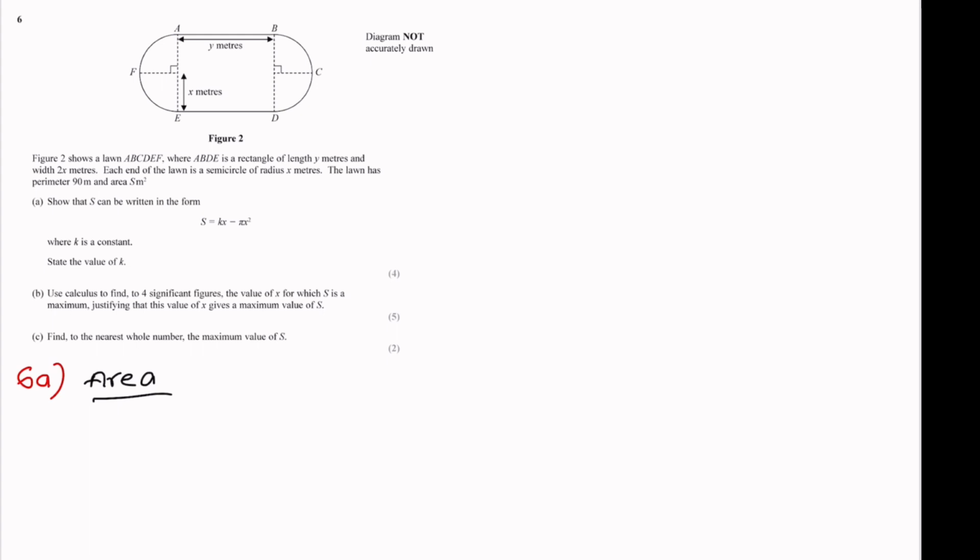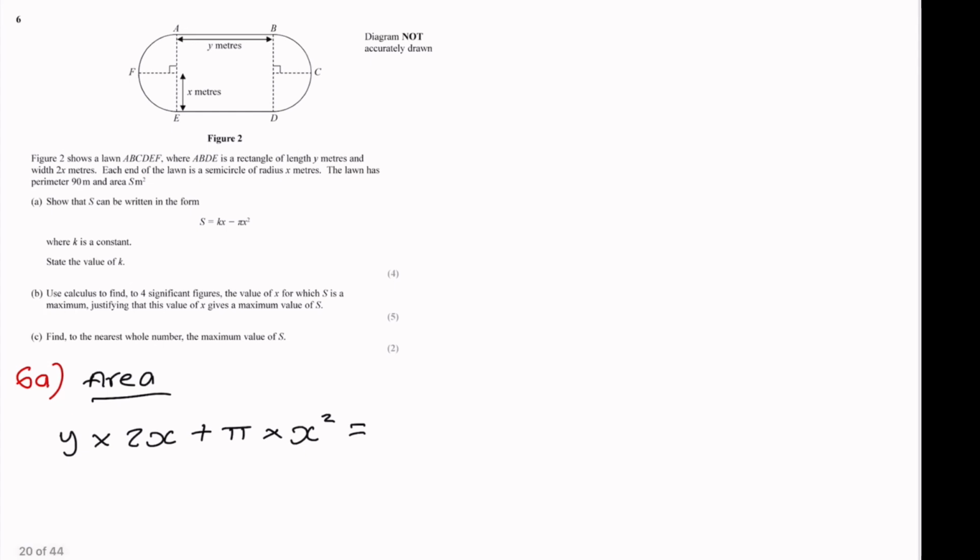So y multiplied by 2x plus the area of both semicircles. Now we can just do a full circle because that would be both added together. So that would be pi times the radius, which is x squared. So the area can be written as 2yx plus pi x squared.